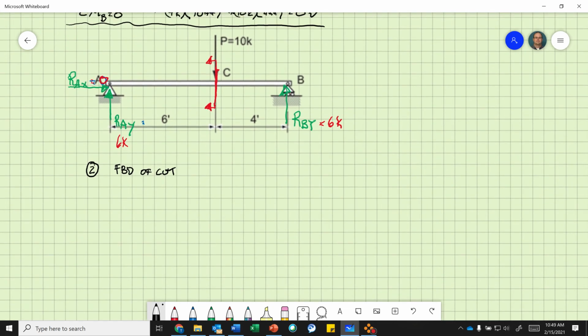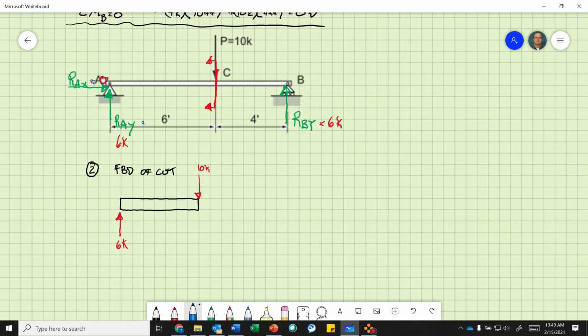Okay, so if we look here, let's draw our beam. So we show everything that's there. We have 6 kips there, and then we have 10 kips there.